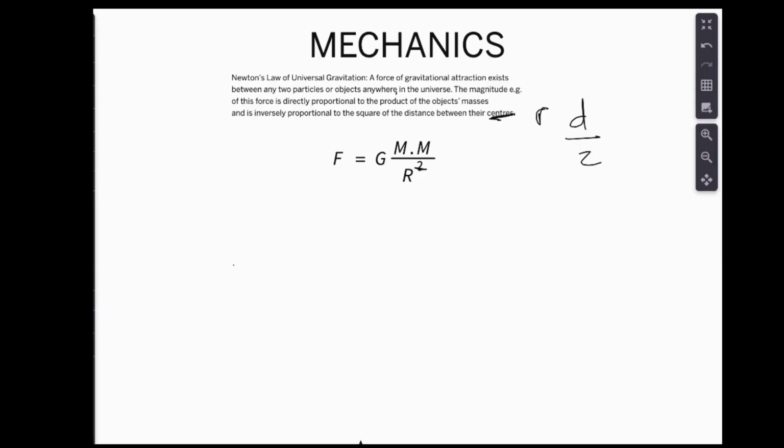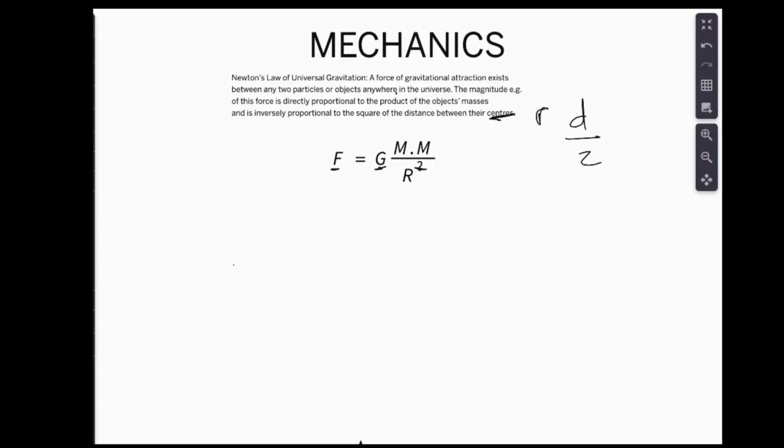Okay. What is important here is the math that you would need to be able to do in order to actually do these sort of questions. They will not always be asking you for the force.